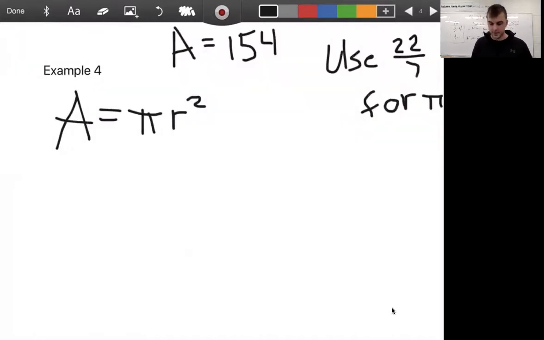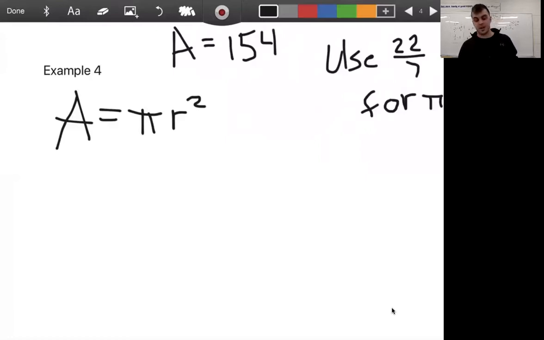Example 4 then is a little bit more of the same, except this problem is fairly complicated. Some of the information that they give you, A is equal to pi r squared. Pi r squared is your area of a circle. You know that. We've talked about that before. So how do you figure out what are they asking? You're supposed to solve for r.